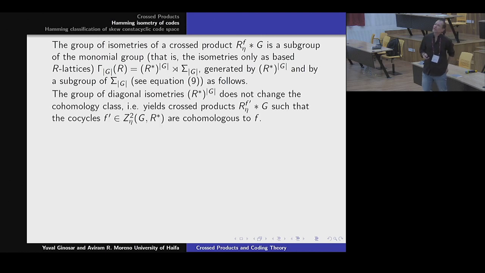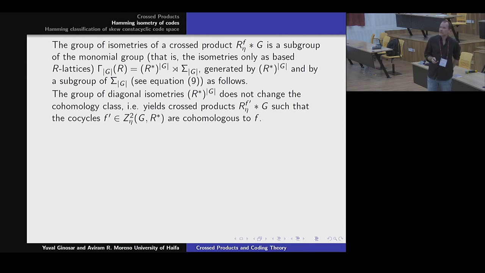The group of diagonal isometries does not change the cohomology class. That is, it yields cross products such that the cocycles are cohomologous. So this is an even finer equivalence, called graded isomorphism, not just graded equivalence.